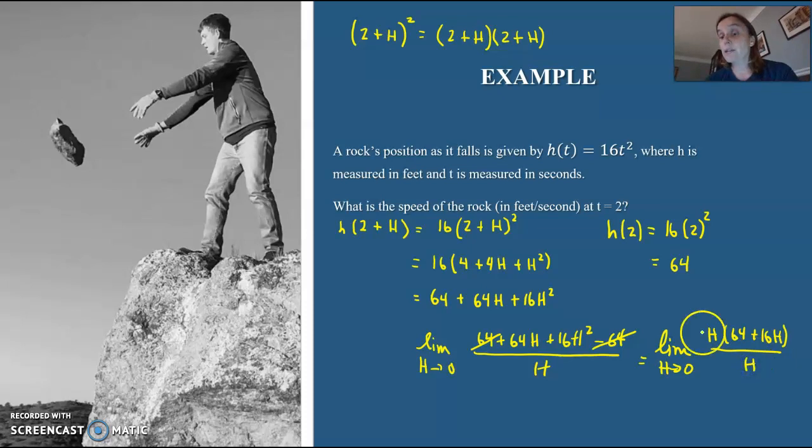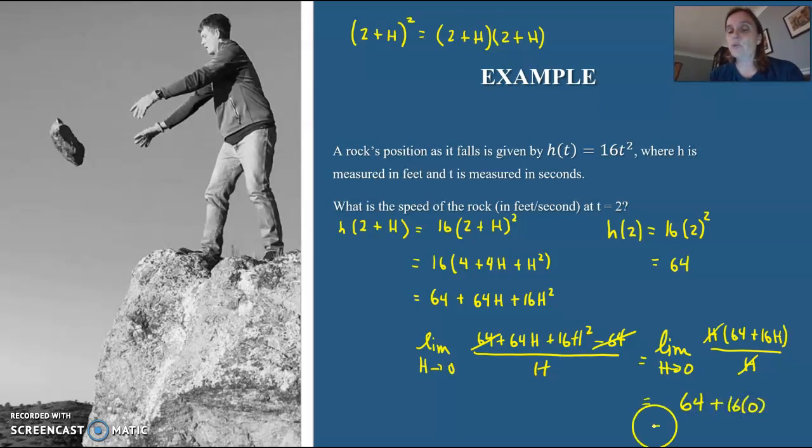Now I can cancel the h's, so this h and this h can cancel. You can't cancel unless they're factors, but they are. And now, when I plug in 0, it doesn't give me 0 over 0. It gives me 64 plus 16 times 0, which would just give me 64 feet per second.